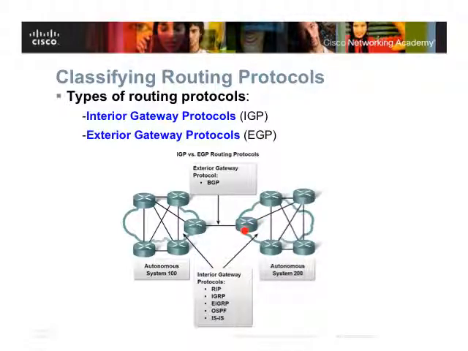This edge router will then use the interior gateway routing protocol inside this autonomous system to send it to the specific router. So I have to do that using 3 steps. 2 of these steps use interior gateway protocols, and the intermediate step uses the exterior gateway protocol. That's how it's done.